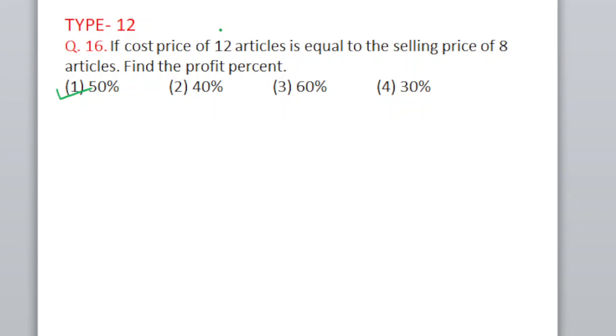If cost price of X articles is equal to the selling price of Y articles, then percentage profit or loss is equal to X minus Y divided by Y into 100.